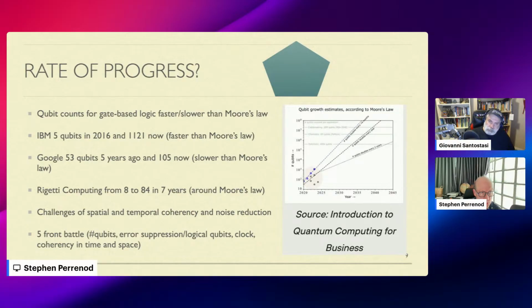So the chart shows projections where you're on Moore's law rate, where you double every 2 years. That's the gray line with dots at the bottom. If the number of qubits were to double every year, which would be much faster than Moore's law, then it could do the code breaking by about 2040.